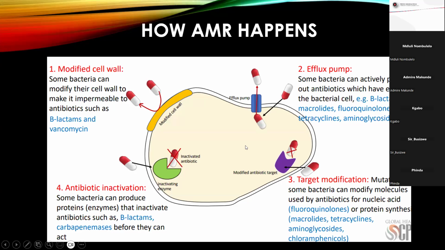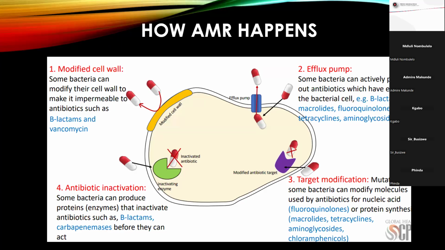When we're talking about resistance, I'll be more detailed to say there are some which are natural and some which are acquired. By natural, I mean the organism is naturally resistant, the antibiotic has never worked. Acquired is through mutation, and that mutation can be any of these four different mechanisms.